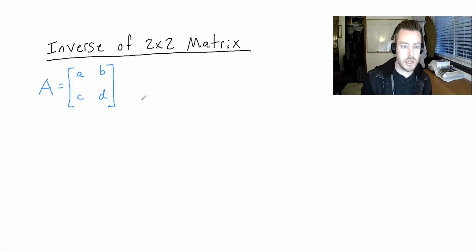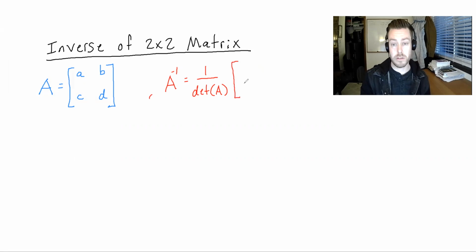So I'm going to dish out the formula and then we're going to go over it. The inverse, typically we'll write it like this: A inverse is equal to 1 over what's called the determinant of A, multiplied by a 2 by 2 matrix. And we're going to change up the elements in this 2 by 2 matrix here.